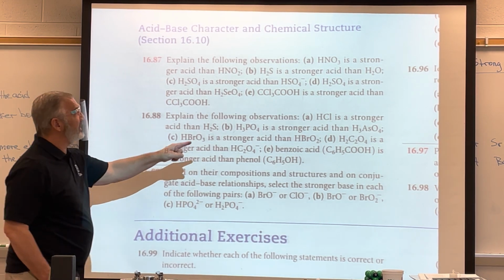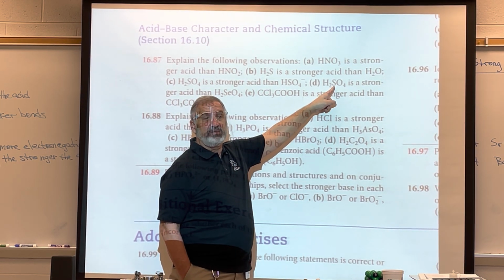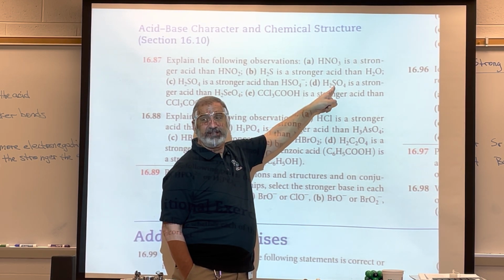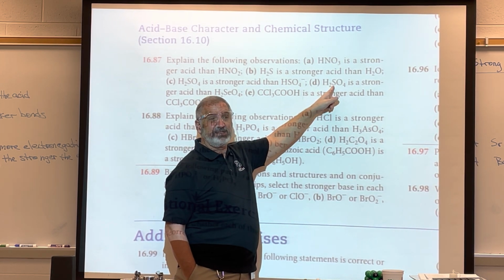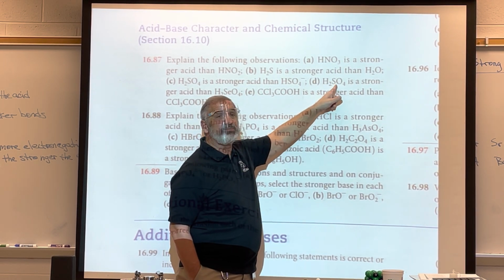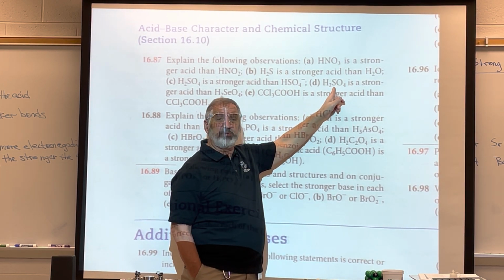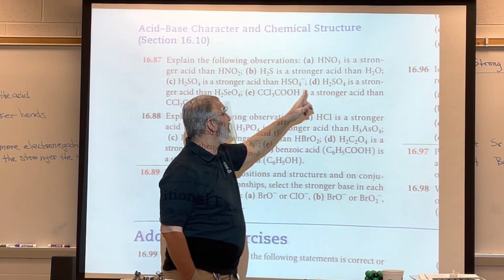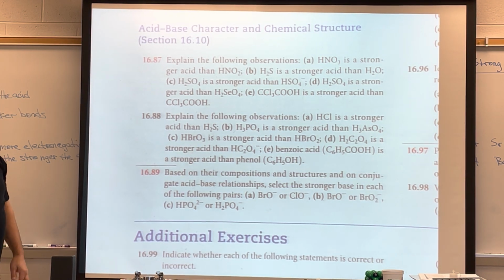What does the electronegativity have to do with anything? It's a two-word phrase. More electron withdrawing. Okay? The more electronegative element is more electron withdrawing, which causes the hydrogen to be more polar and thus more ionizable, making this a stronger acid than that. Okay?